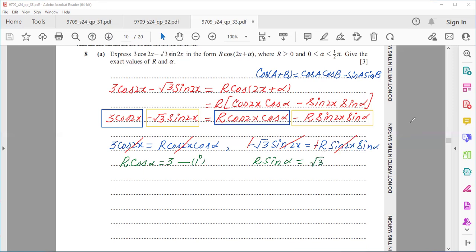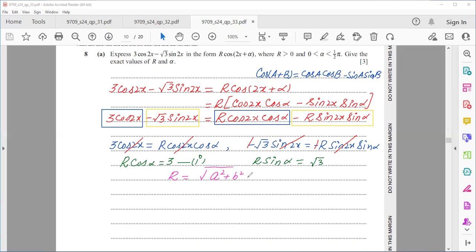As yesterday I explained, in this type of question, the value of r is given. What's the value of r? You have to use this formula, which you have to memorize. R is equal to under root a square plus b square.